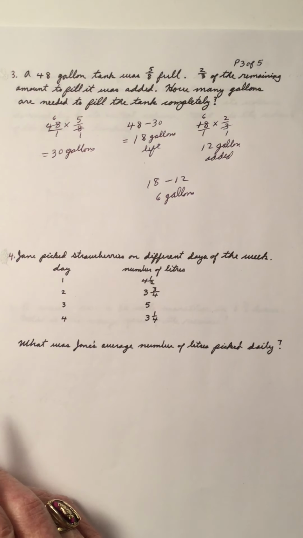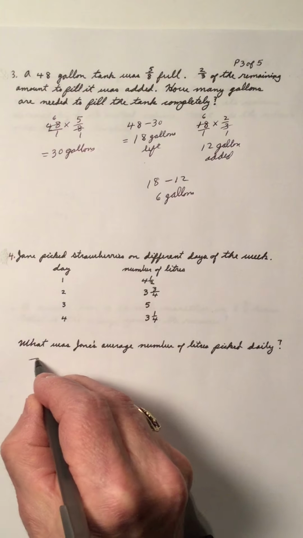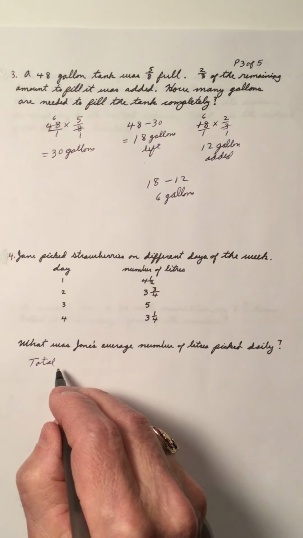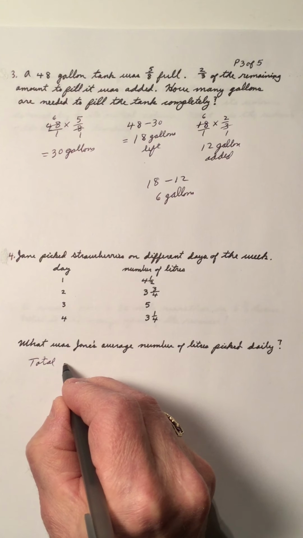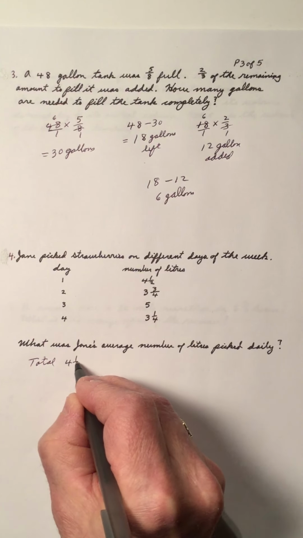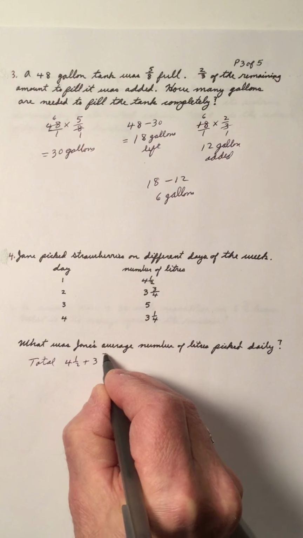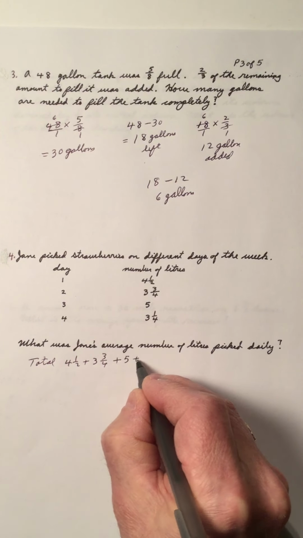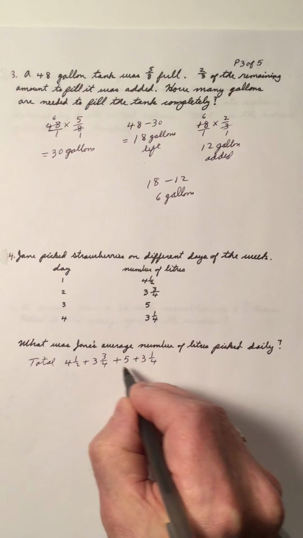So what we have to do is find her total number of liters of strawberries that were picked. So the total number was 4.5, add on 3 3/4, add on 5, add on 3 1/4.